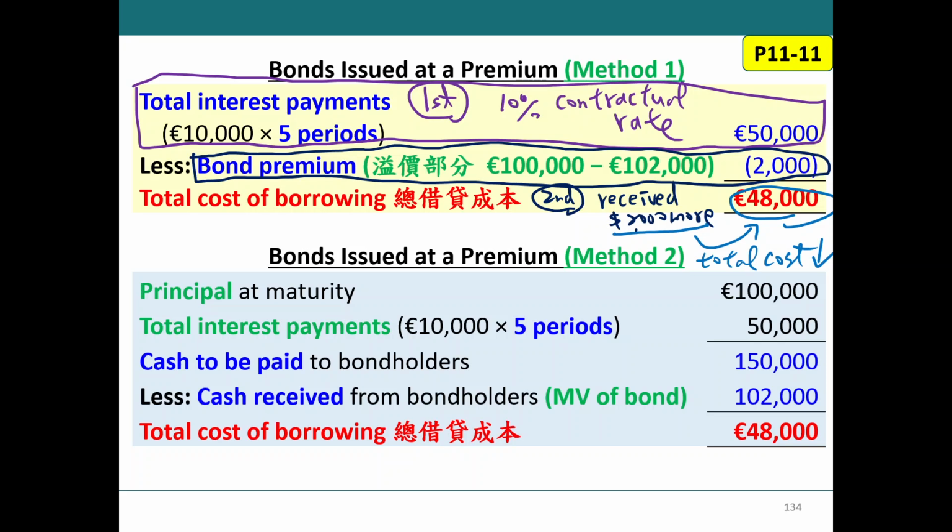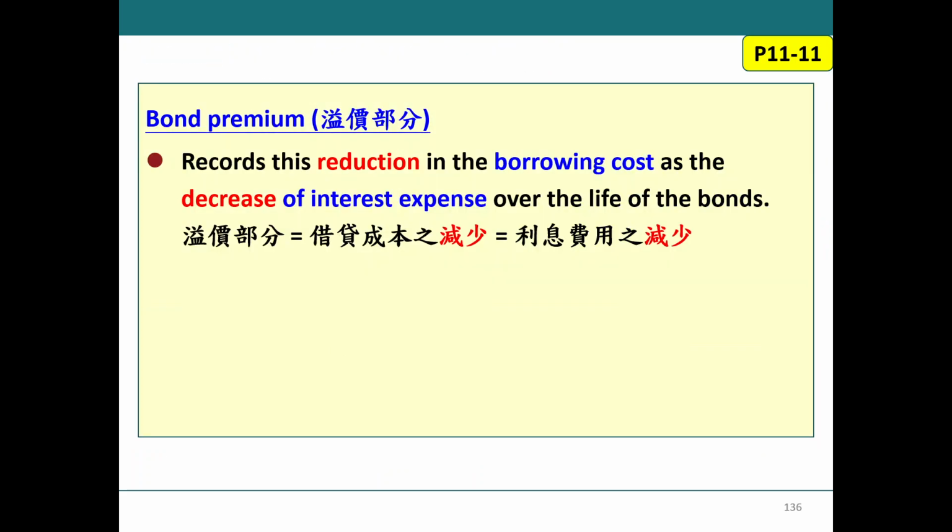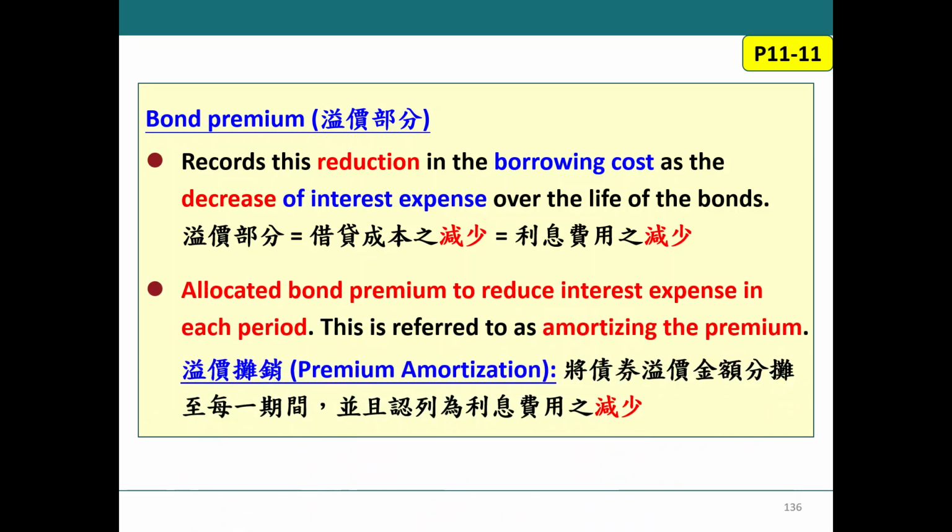No problem? Okay, so let's find out our premium for each period. How? Using effective interest method. Okay, so on slide 136, here again, premium amortization, 溢价摊销. So what does it mean? Trying to find out our second cost of borrowing for each period, okay? But here it is for your premium, right?